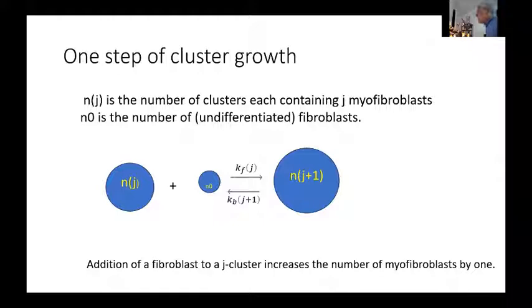So that's like a second order chemical reaction of a fibroblast and a cluster encountering one another to form a cluster with one additional cell. Now, it's not because the fibroblasts are diffusing around. This is solely based on proximity of the fibroblasts to clusters of myofibroblasts.